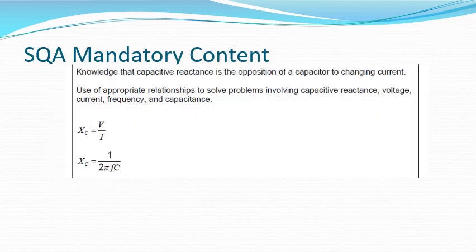So the things you have to know for this particular section is to be able to know and state that capacitive reactance is the opposition of a capacitor to changing current, and to be able to solve problems using the two relationships for capacitive reactance.